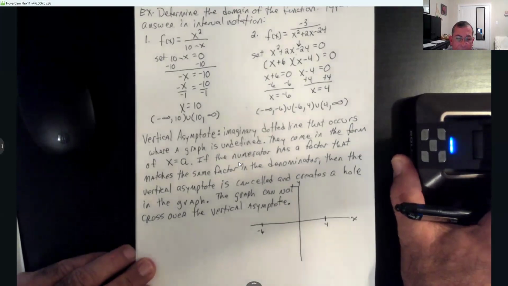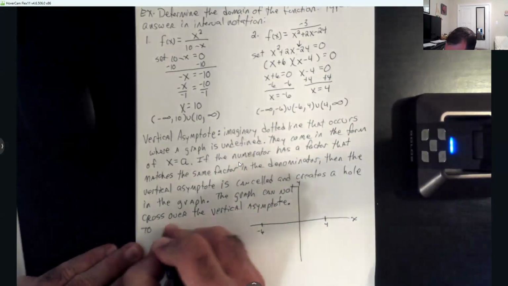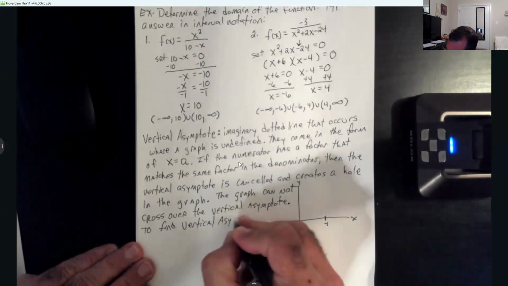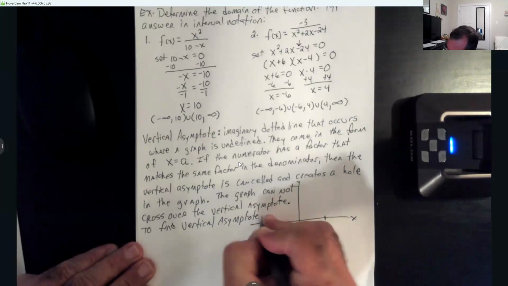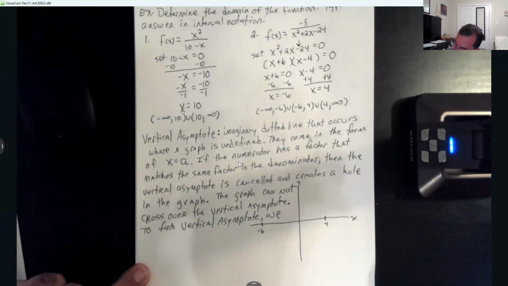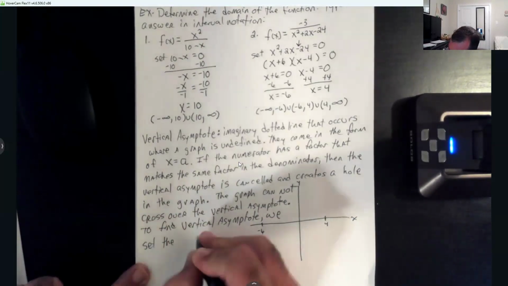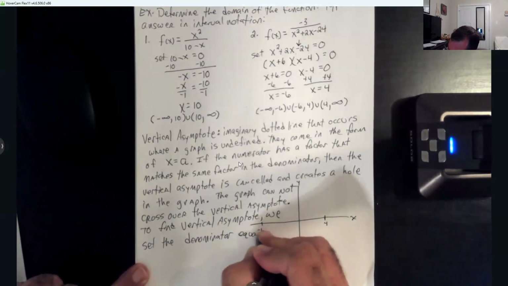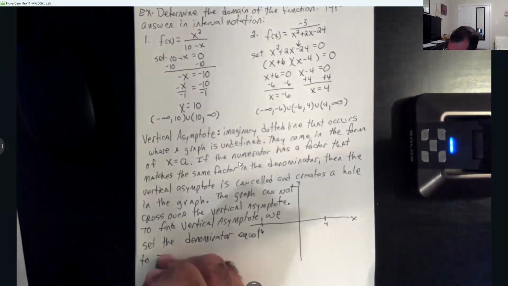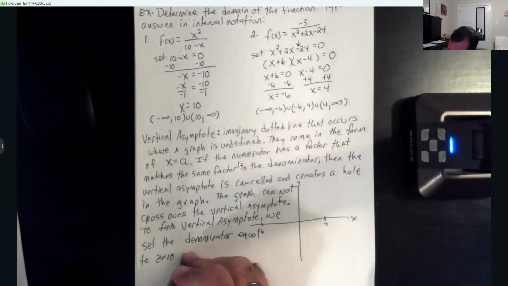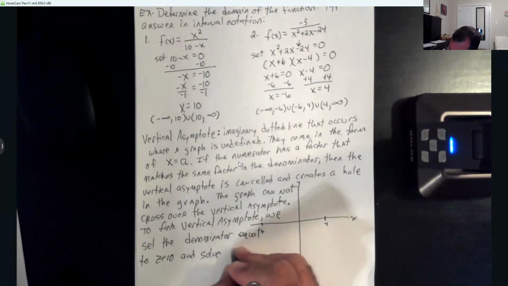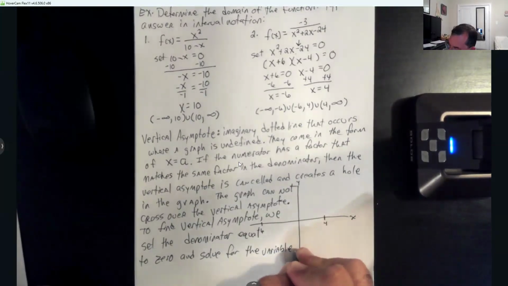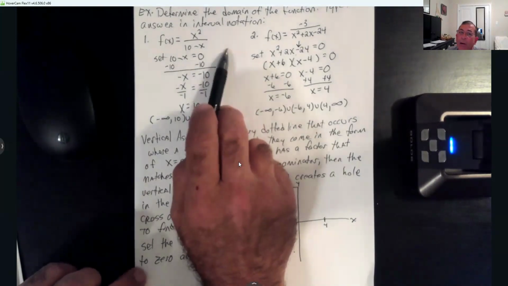And then the last thing to find vertical asymptotes, we set the denominator equal to 0 and solve for the variable, which is just what we did up here when we found the domain.